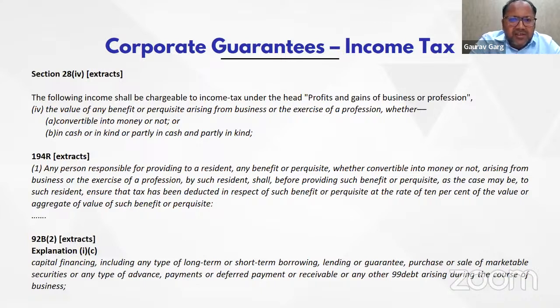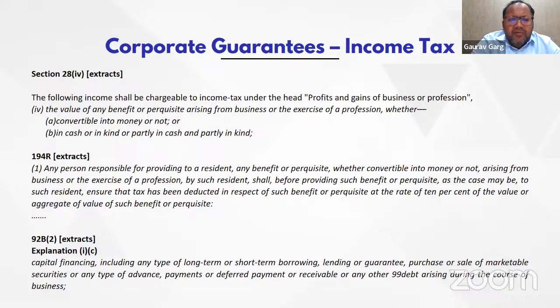Hope a lot of issues have been clear to you. Now, under the income tax, we have 28(4). So in most of the cases which I have seen, corporate guarantee is generally given within the group companies.